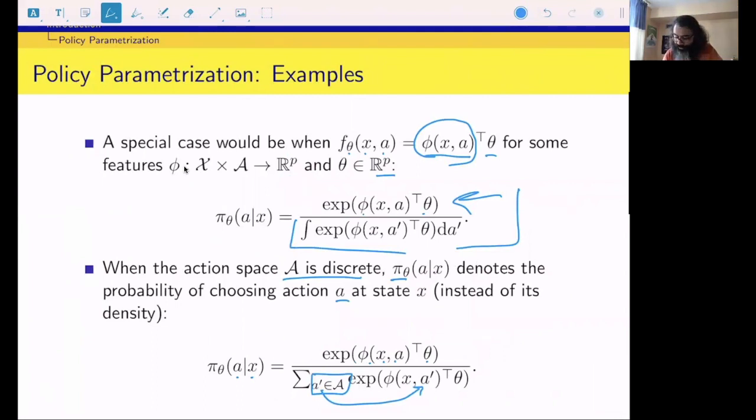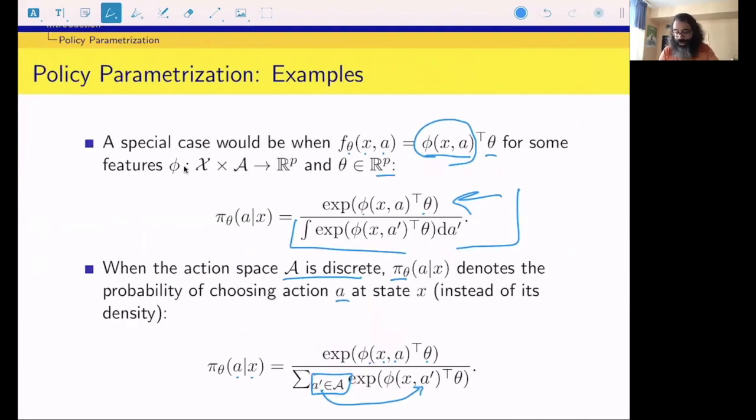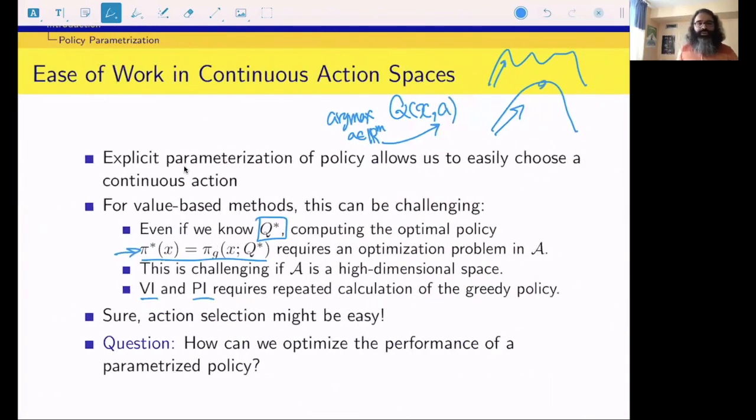If we have a generic form for this parameterization of the policy, computation of this integral in general is also as difficult as finding the maximum of some function over the action space. So for any policy parameterization, we are not necessarily in a better situation, but at least for some of those, like Gaussian or normal distribution, or if we do it deterministically, then it would be much easier. Okay, is this clear?